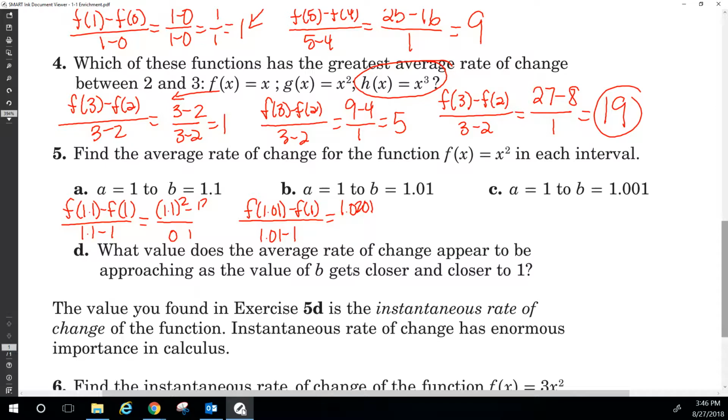I did that in the calculator, not my head, so don't think I'm all fancy. 1.01 minus 1 is just 0.01. And so I've got 0.0201 divided by 0.01. And that'd be 2.01.